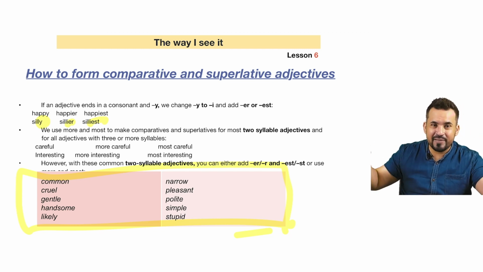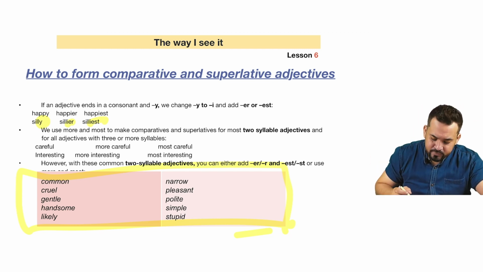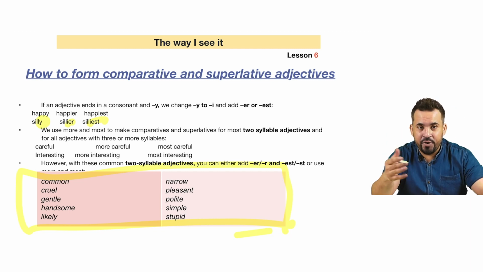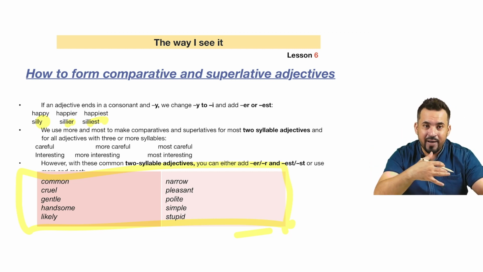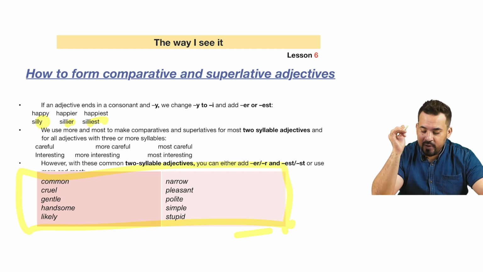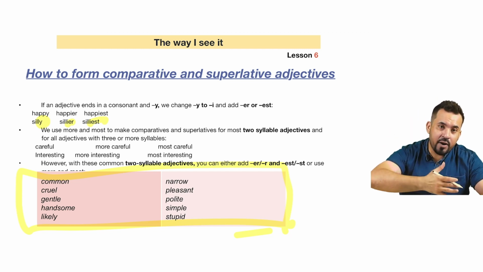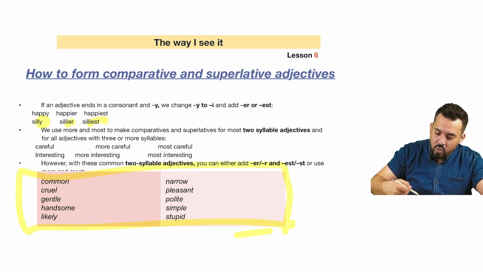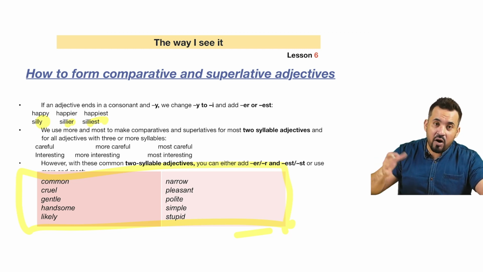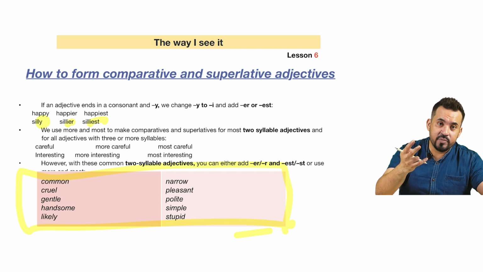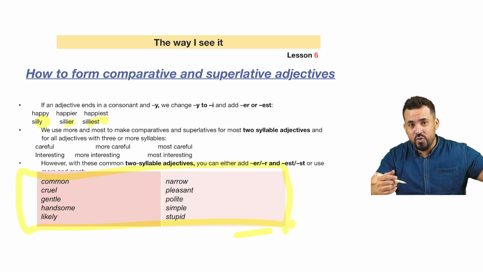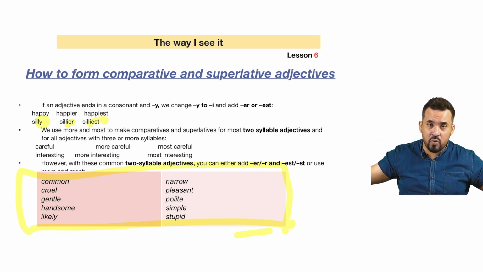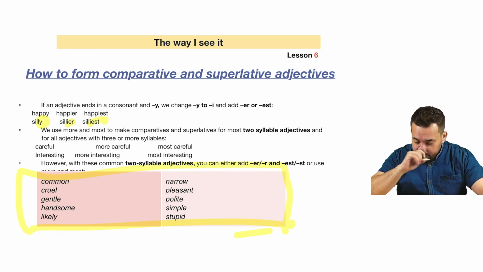They used to, but now we just say more handsome. Likely, likelier, likeliest, or more likely, most likely. Narrow, narrower, narrowest, more narrow, most narrow, and so on for the rest of them. So these are exceptions. They are two-syllable adjectives, but we can use er, est, or we can use more and most. Both are correct.